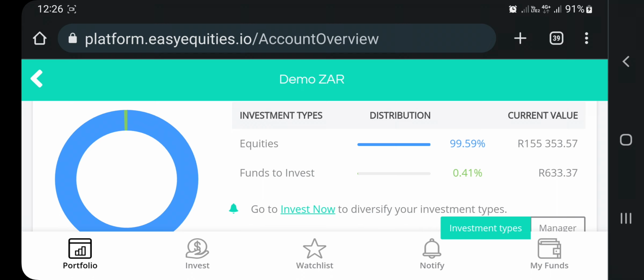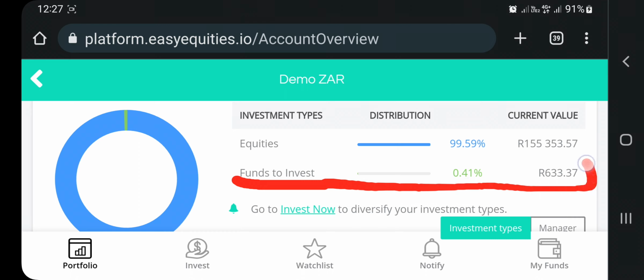So that money is going to appear as funds to invest. Then it's also going to tell you how much is there. Just like here, 633 as the money to invest. In this demo, the money went from 100,000 to 633. So it's going to appear here. Funds to invest, okay?